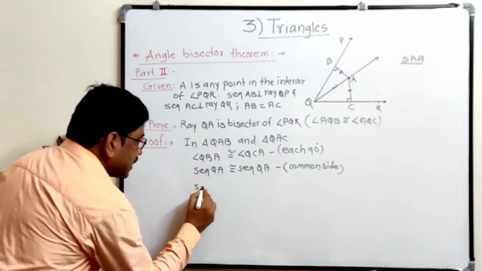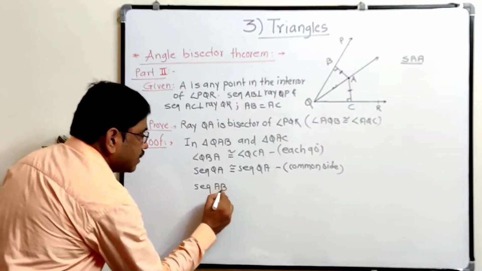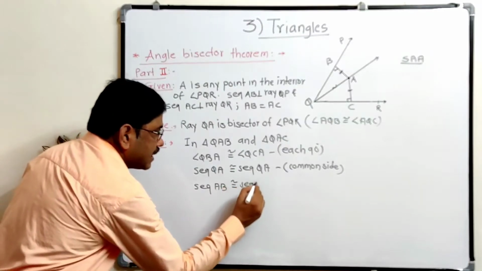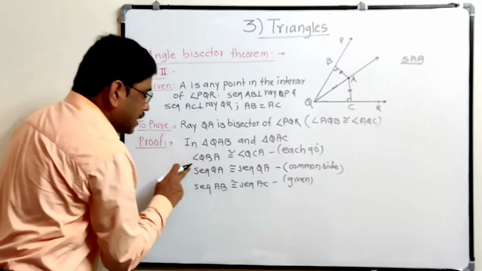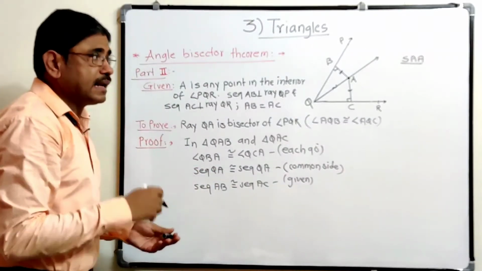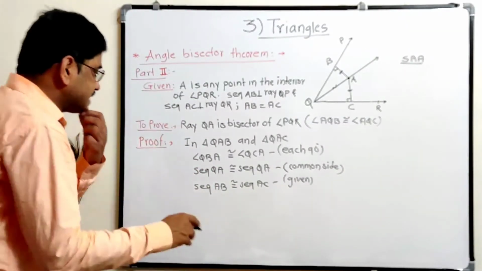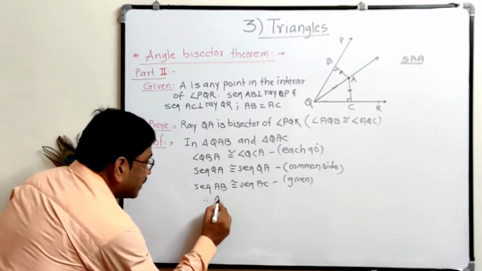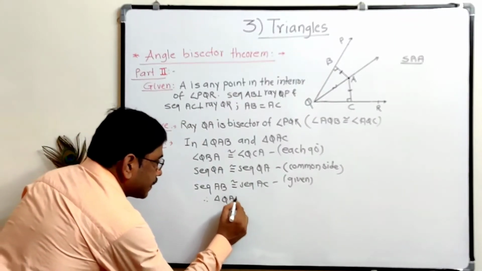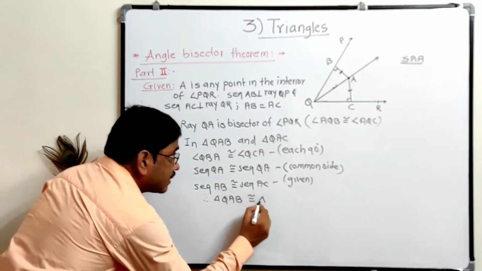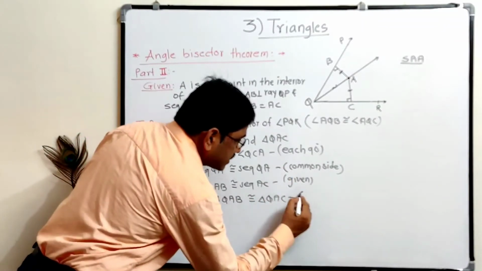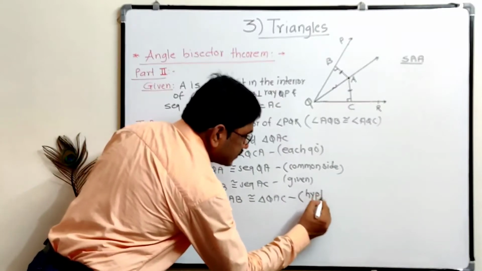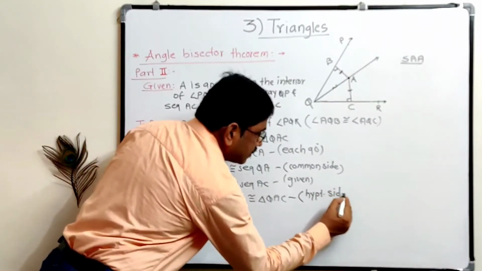Then segment AB is congruent to segment AC, that is given. So hypotenuse and one side are congruent in the right angle triangles. Then by which test is triangle QAB congruent to triangle QAC? Hypotenuse side test.